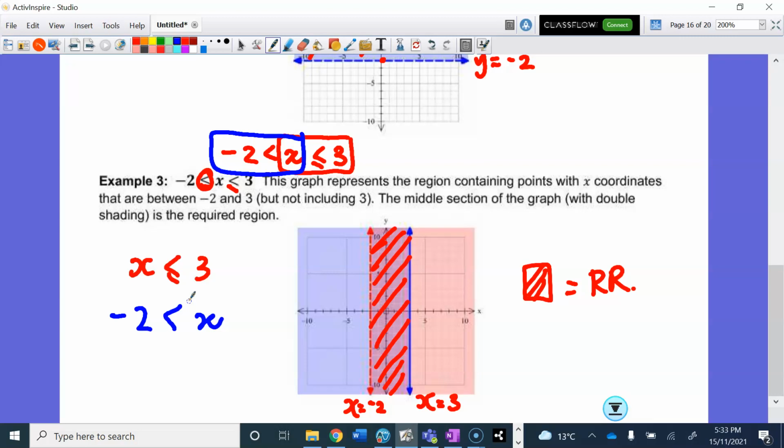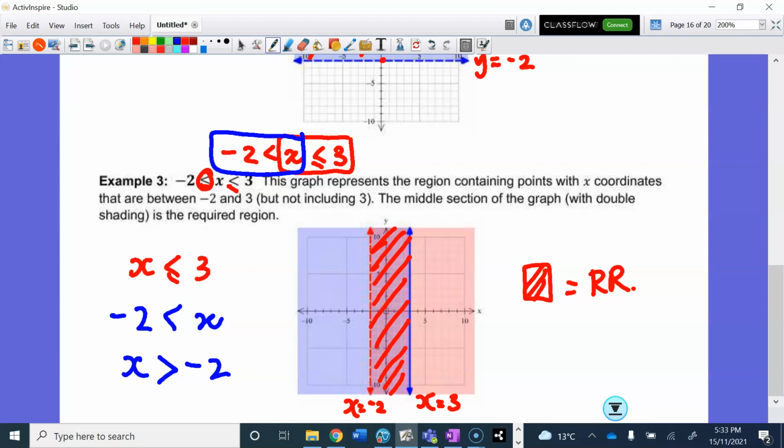Okay, so the crocodile mouth is open towards the x, meaning that the x is the bigger term of those two. So when you're writing it with x first, you'll need to write it like that, so that the mouth of the crocodile is still facing the x, if that makes sense.